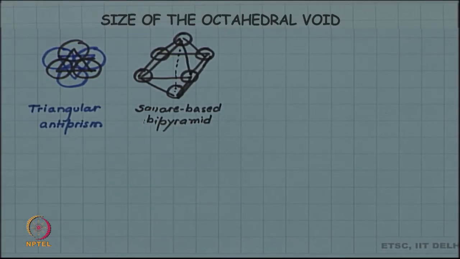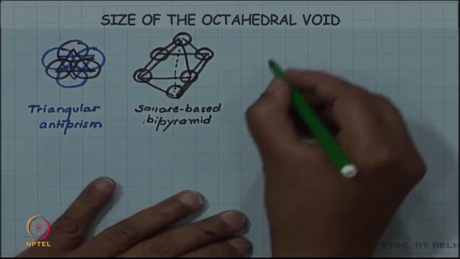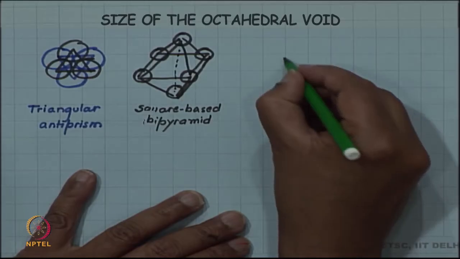Since it is a square, looking at it from the square based dipyramid approach makes the calculation much simpler, because the geometry of a square is much simpler than the geometry of triangles.